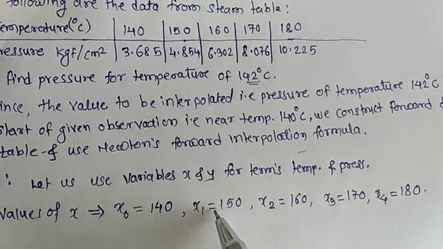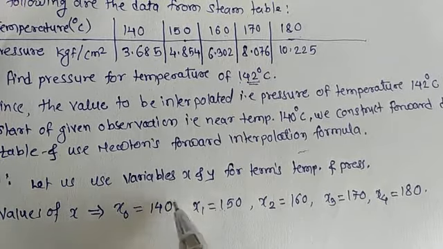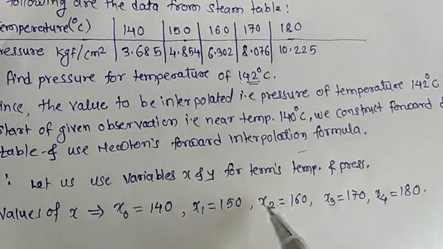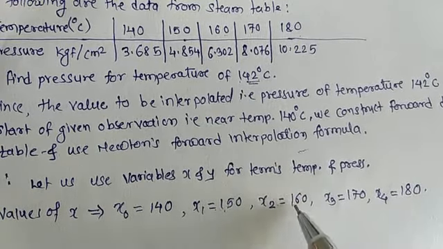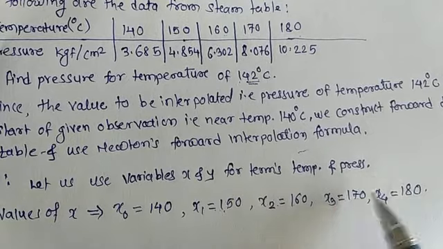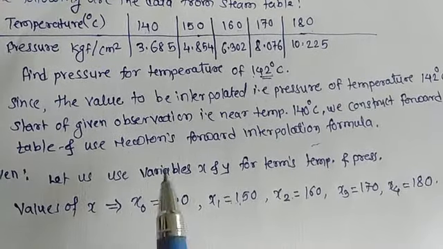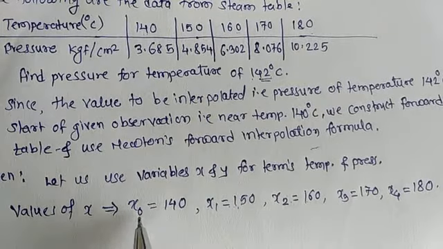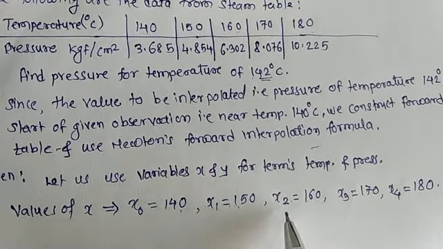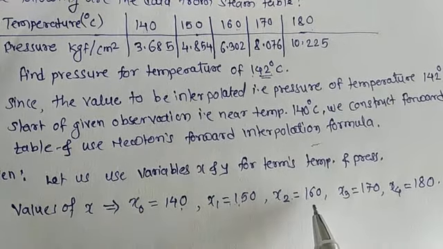That means the difference between x1 and x0 is 10: 150 minus 140 is 10, 160 minus 150 is 10, 170 minus 160 is 10, 180 minus 170 is 10. Also remember that we use Newton's forward interpolation formula only when the values are equidistant, that is, the difference between each value of x is equal.